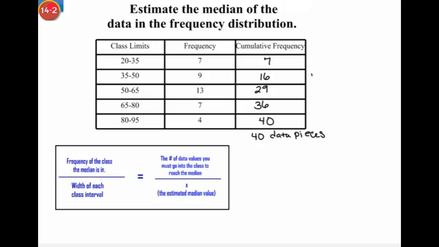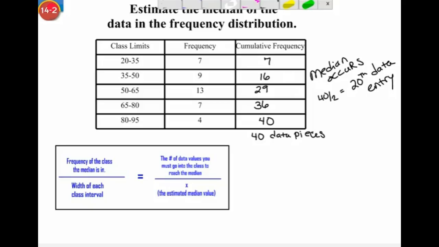Where would the median occur? The median occurs at the 20th, or 40 divided by 2, at the 20th data entry. If I go back to my frequency table here, I'm going to highlight the interval in which that occurs.